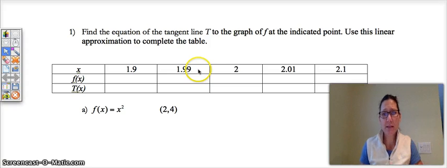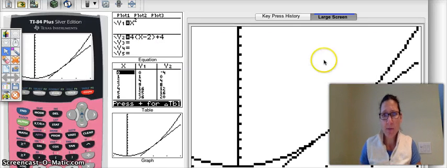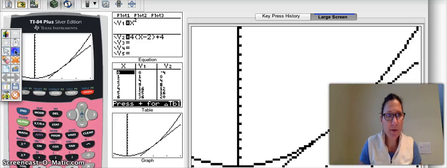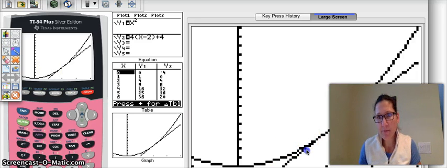They're talking about the values in the neighborhood of 2, because the point (2, 4) is right over here. This is 3, and over here is 1. So between 1.99 and 2, we're talking about from here to there.